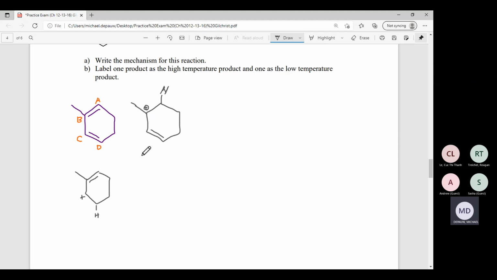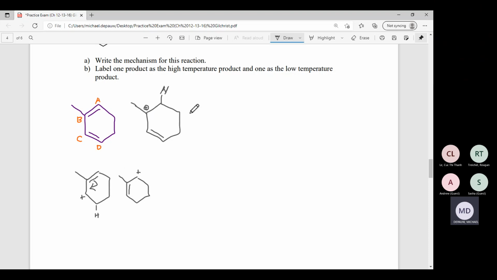Okay, so here's the deal. This is not going to be the best because it doesn't give you the most stable carbocation. If you have this come down here, this bottom one, then essentially this is going to be a double bond, and you're going to get a positive charge here. But basically the positive charge, the carbocation, is going to be between 2 secondary positions.